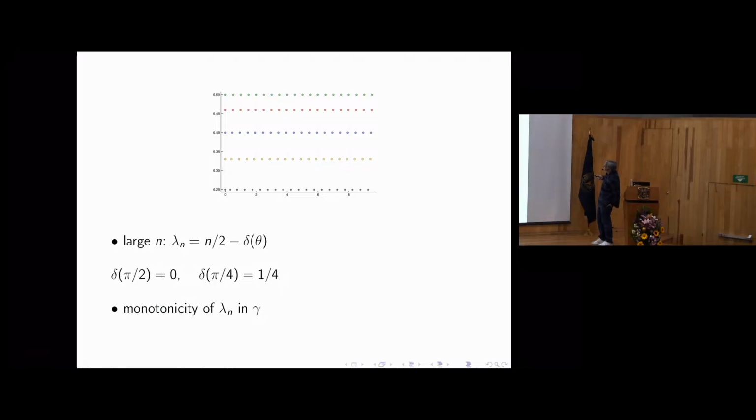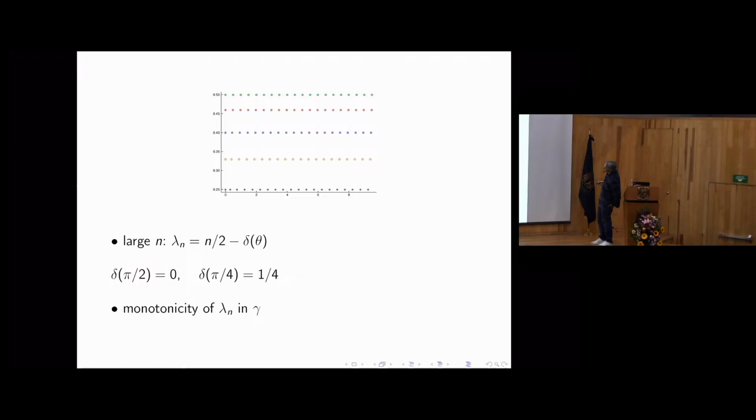Now, what is this shift? Here I'm showing the eigenvalues for different slopes, starting with pi/2 and going to 45. I take, let's say, the 10th or whatever eigenvalue, and I see that as we go higher, they move sort of rigidly.